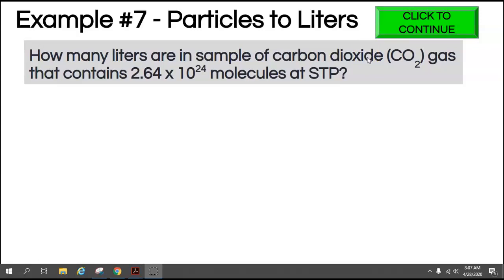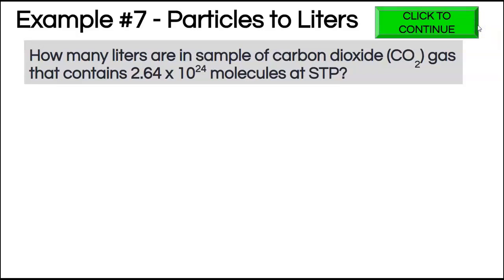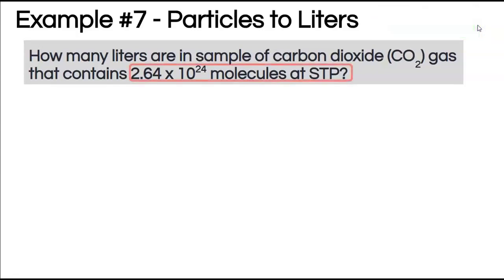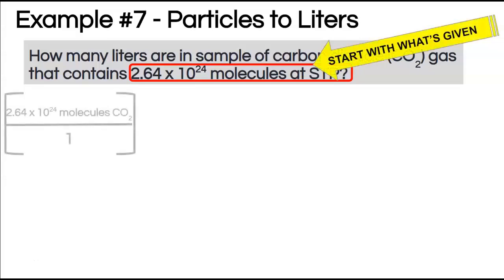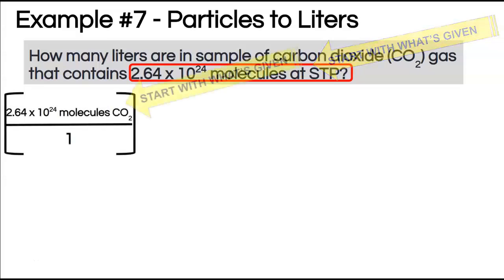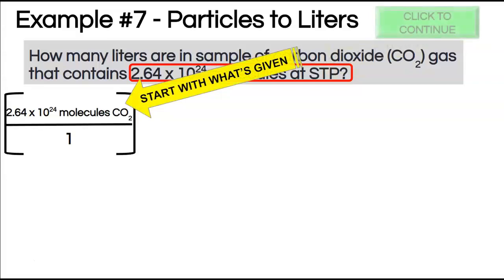Just as before, we're going to start with what we have been given, 2.64 times 10 to the 24th molecules of carbon dioxide, because that's what the problem gave us to begin with. Now this is a two-step problem. Remember, if I don't have moles and I wasn't asked for moles, then it is two steps. I was given molecules and I was asked for liters, so this is two steps.